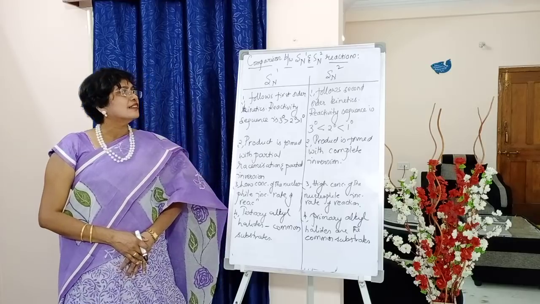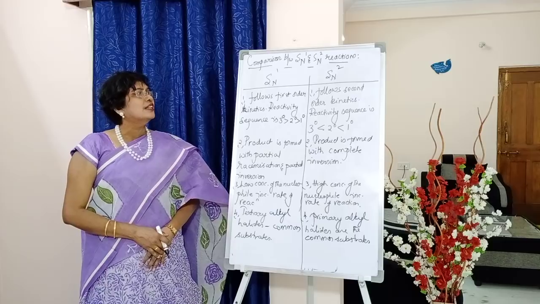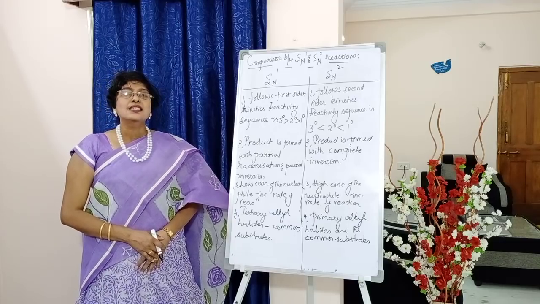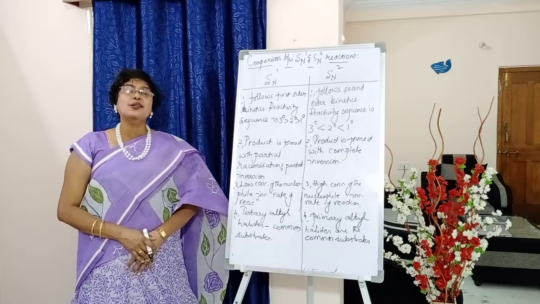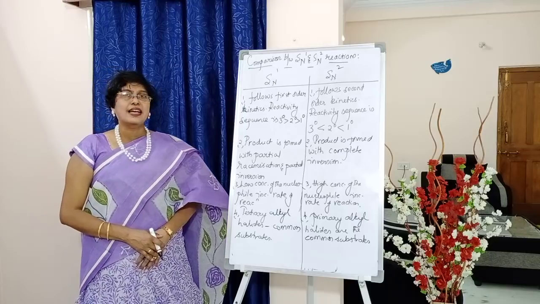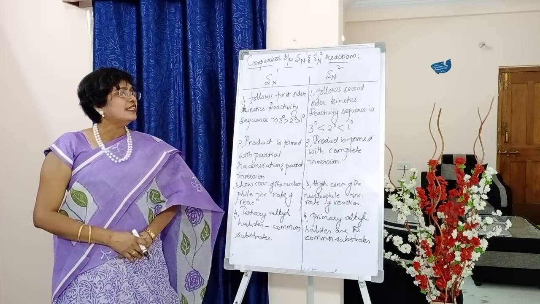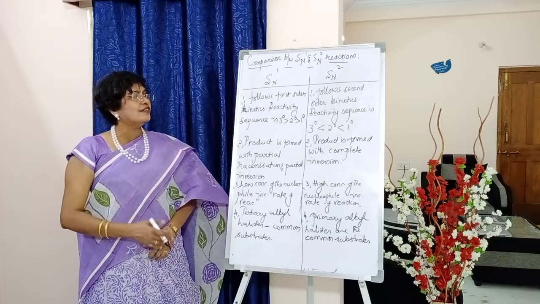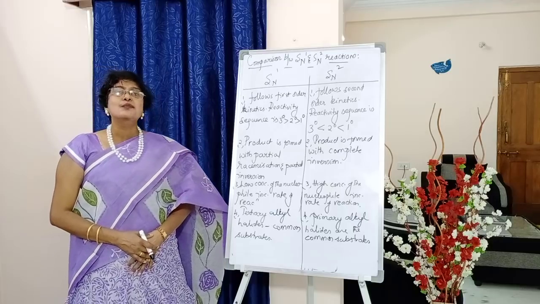Okay, next. Under SN2, point number 1, these reactions follow second order kinetics. So the bimolecular nucleophilic substitution reactions follow second order kinetics, and here the reactivity sequence will be reverse: tertiary less than secondary less than primary.